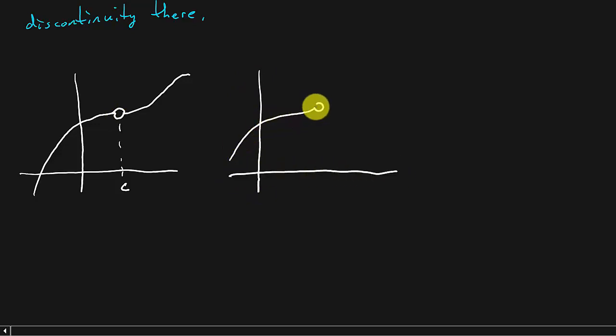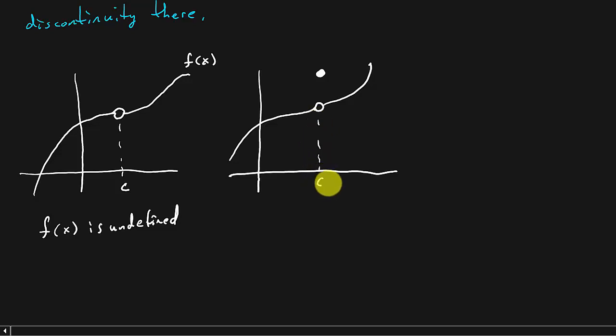We could have a graph like this. Okay. So you can see in the first one, if this is f of x, then f of x is undefined, because you see there's no y value there at c. So for this one, this is discontinuous at c.